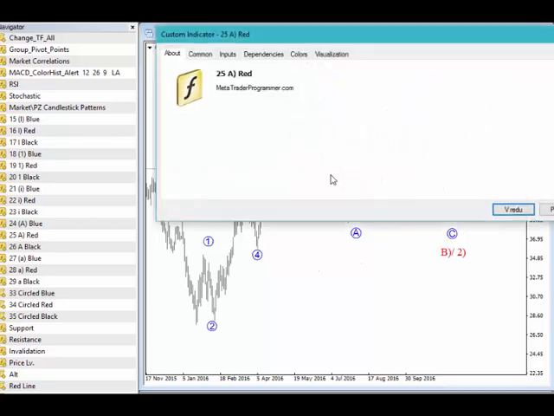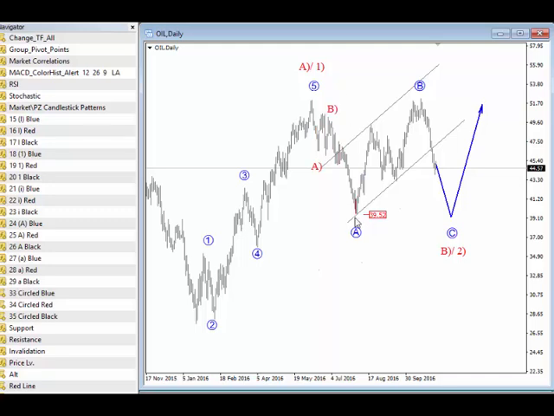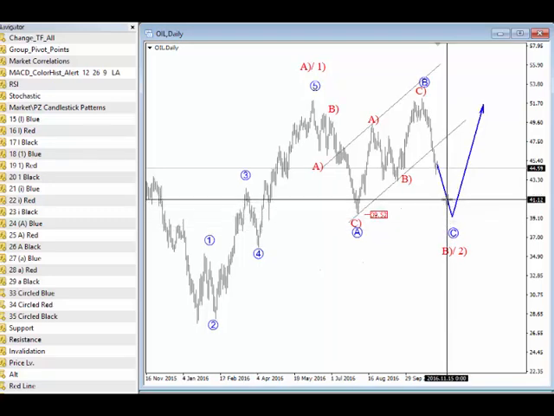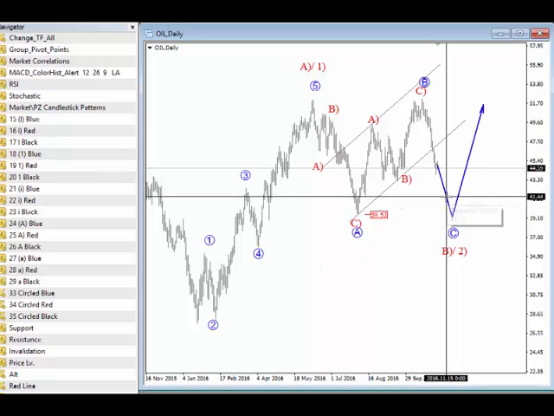So here was 3 waves down for a wave A, and then you got 3 waves up with a triangle wave B for wave B of a higher degree, and now it looks like this strong extended wave that already moved beneath this terminal support is actually impulsive wave C that could take us back to 39, but maybe also only to 41, 42 levels.